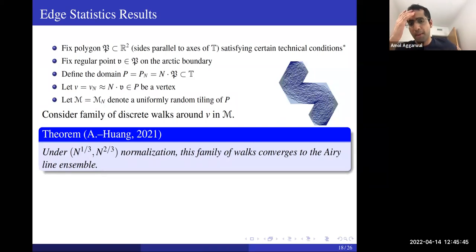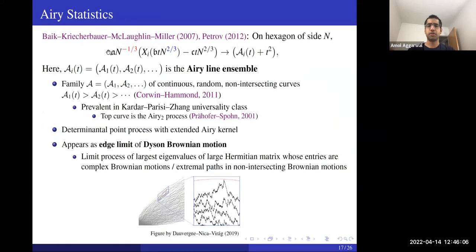As usual, we'll let M or Mn be a uniformly random tiling of P, and then we'll consider the family of discrete random walks near this point v, which is on the Arctic boundary. The theorem, stated somewhat informally, but hopefully you can imagine what it means, is that under the previous renormalization, this n to the 1/3, n to the 2/3 scaling, as shown over here, I'll again have the same convergence to the Airy line ensemble. It's just that these constants will be different.